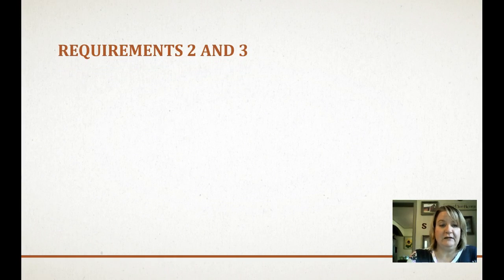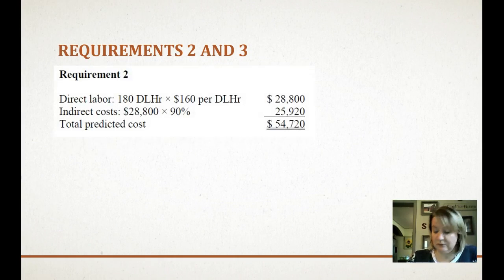Requirements 2 and 3. Requirement 2 was to compute the predicted cost of the Maynard manufacturing job. So you want to do that by finding the direct labor.